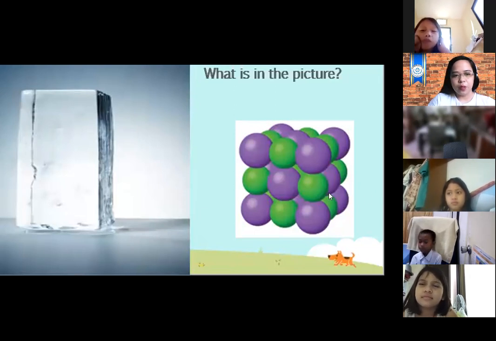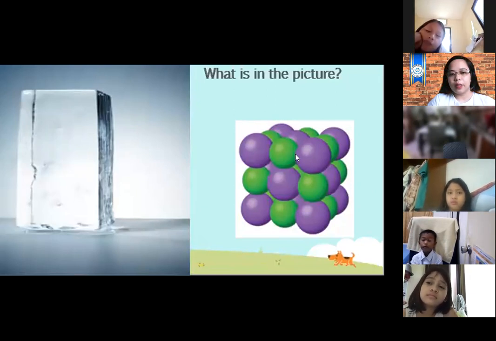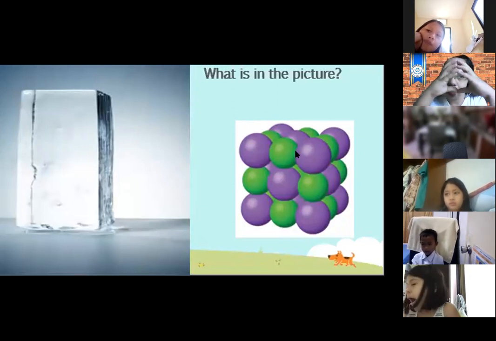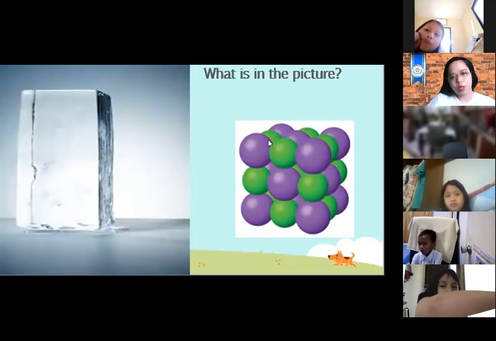Okay, so solid is composed of intact solid particles. Unlike the other tiny particles, the solid particles are actually intact, forming the shape of an object, of a solid object.